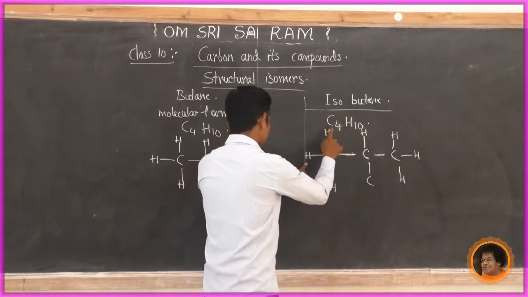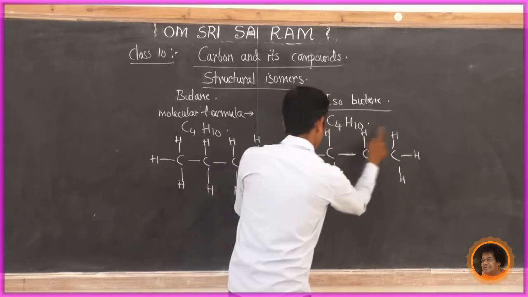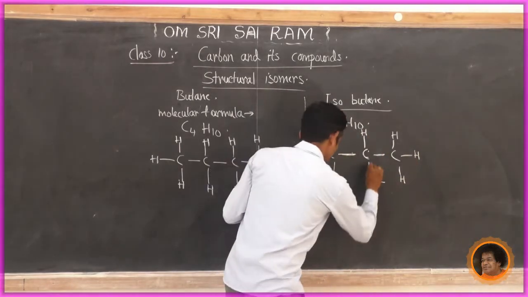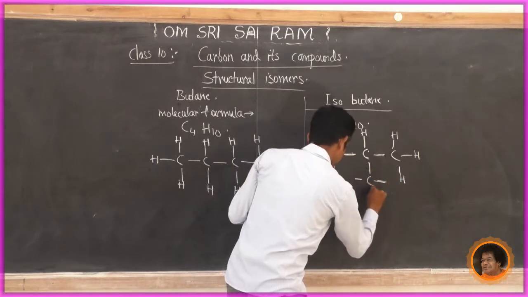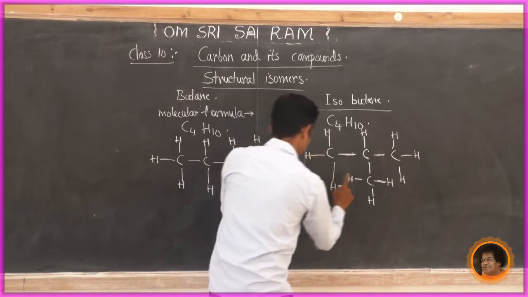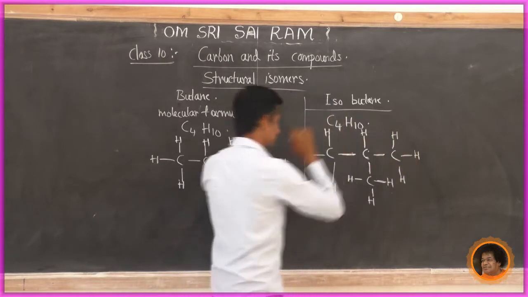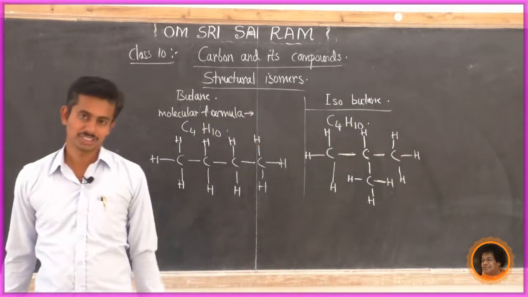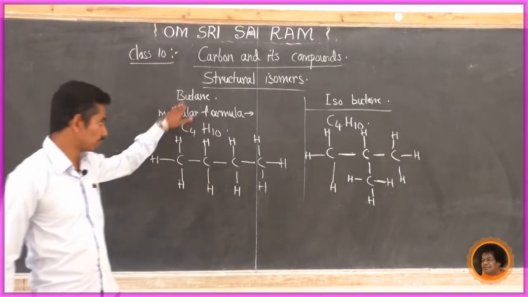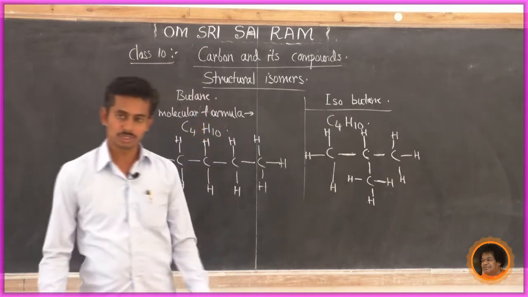Count the number of hydrogens: 1, 2, 3, 4, 5, 6, 7. For this carbon, only one bond, so 2, 3, 4. This is hydrogen. Now count the hydrogens: 1 to 10. C4H10. Yes.